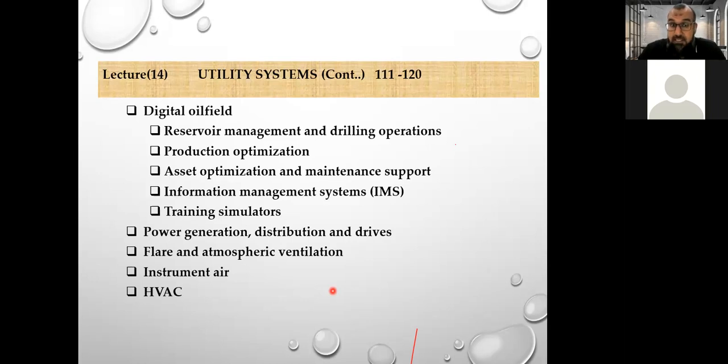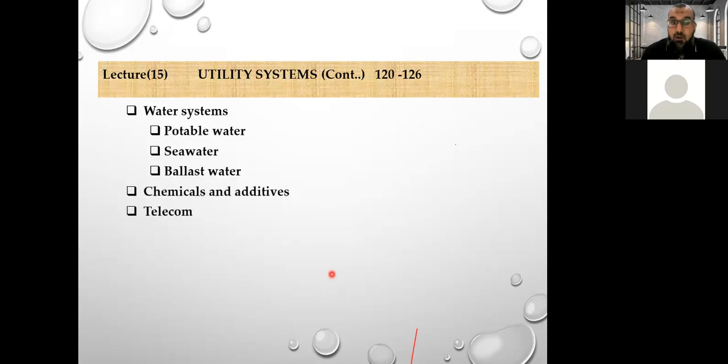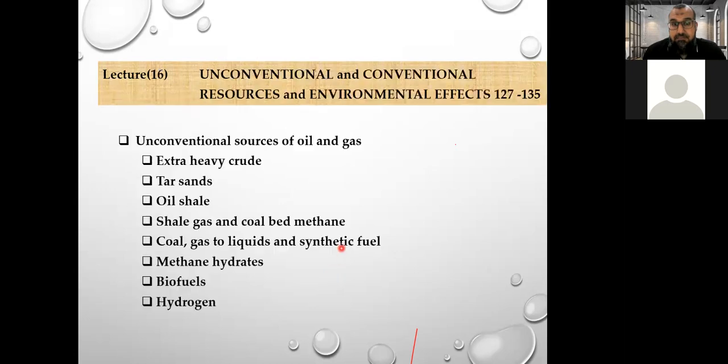HVAC is also utility. This utility system is required for every sector, upstream or midstream or downstream. Also for utility system like water, chemical, and telecom. These all are utility system.